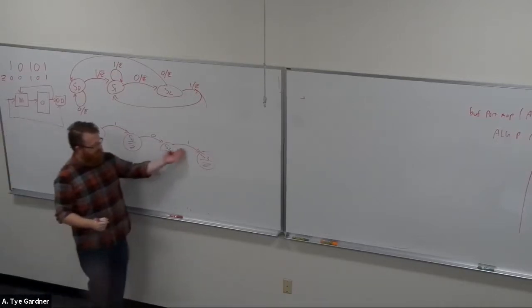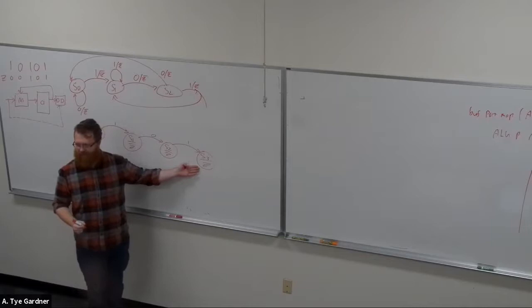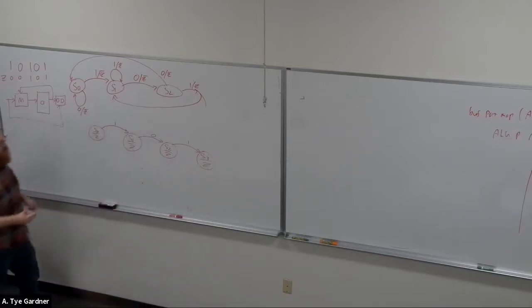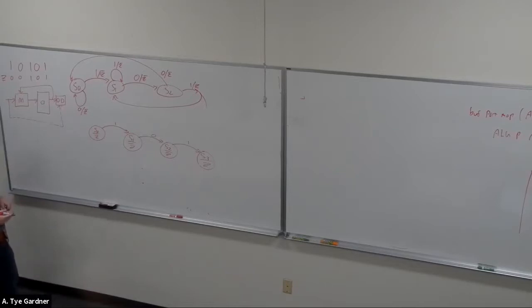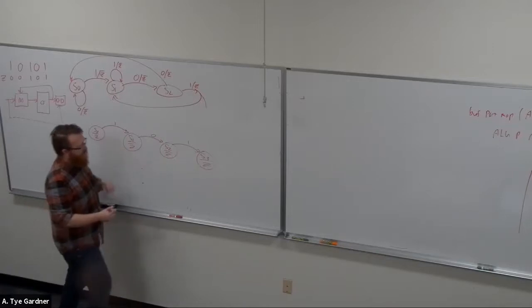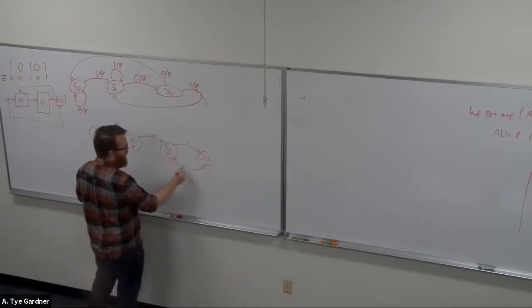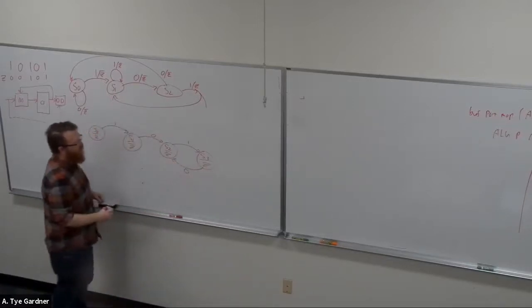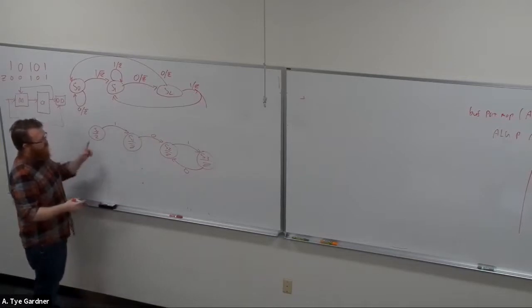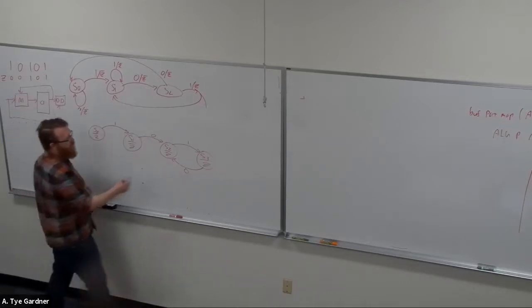Right, now I've seen a 1, I'm in state Z, I have detected it. Now I just have to deal with the next issue. If I see a 0, well then I have seen a 1 and a 0, and we go here. Or if I see a 1, it's 1, 0, 1, 1.